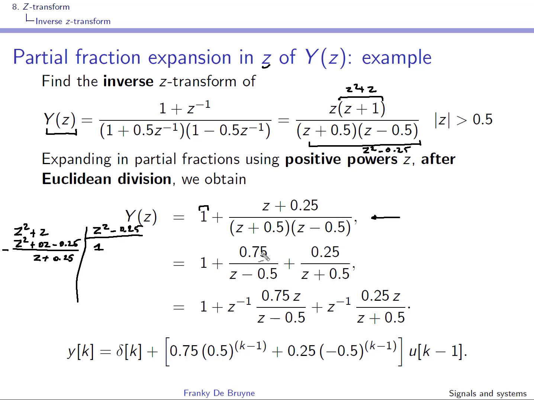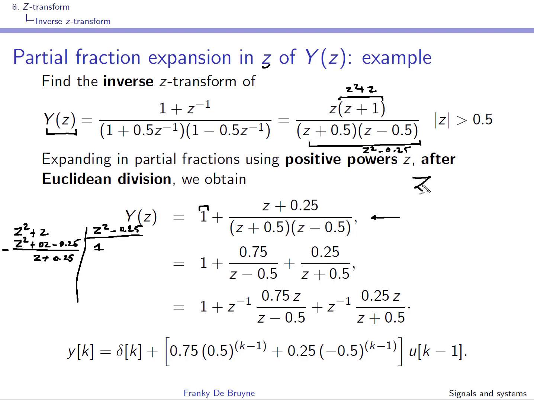So you can write it as a over z minus 0.5 plus b over z plus 0.5, and I'll leave you the computation of a and b as an exercise, but you'll arrive at a is equal to 0.75 and b is equal to 0.25.